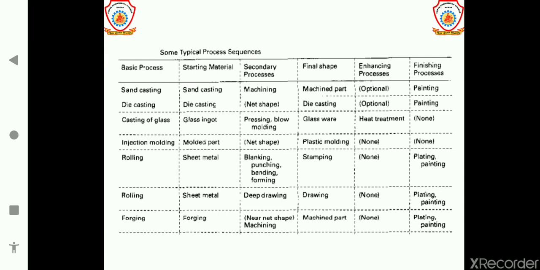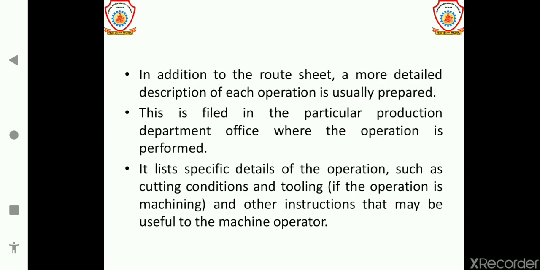The final shape after machining is the machined part. The third operation, the property enhancing process, is not required in sand casting, and the final finishing process is painting. Likewise, other examples are given which include basic process, secondary process, property enhancing process, and finishing process.